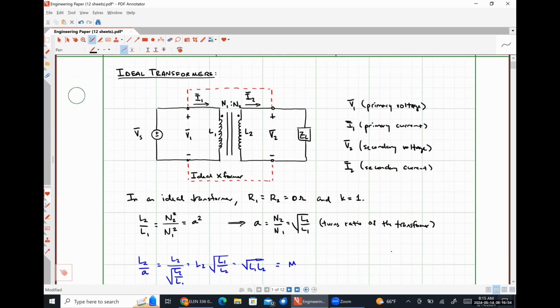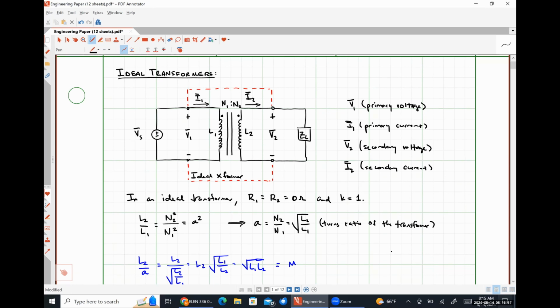And now we're going to have our mutual inductance. Well, what's the sign on that mutual inductance term going to be? I believe it's going to be negative because the positive polarity terminal of V1 is at the dot, but the current I2 is flowing into the not dot, or out of the dot.